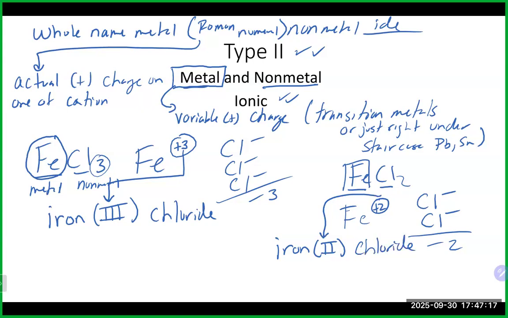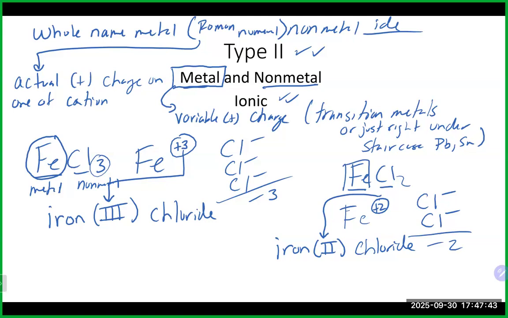So with type 2 metals, because they can make multiple types of positive charges, you need to tell everybody what the charge is in this particular case. The first one, we're saying we're doing the iron with the +3 charge. And the second one, we're doing the iron with a +2 charge. The reason you don't need the Roman numerals on a type 1 is they can only form one type of charge.